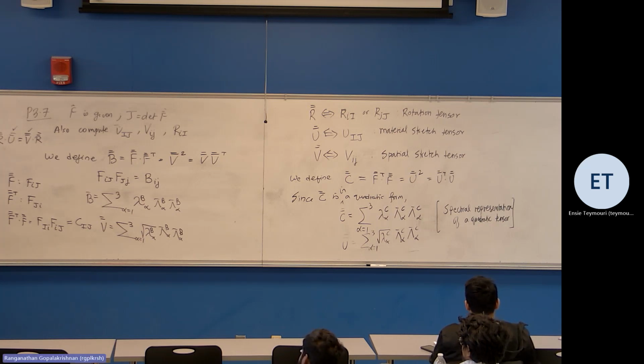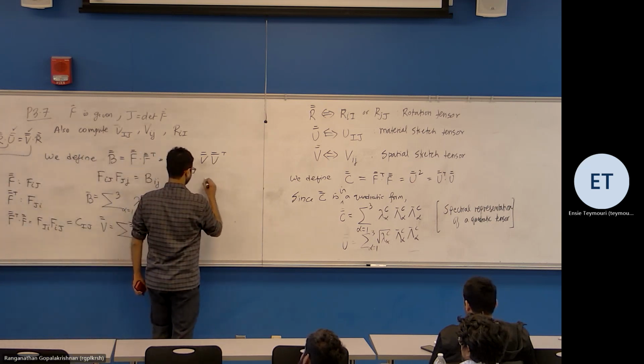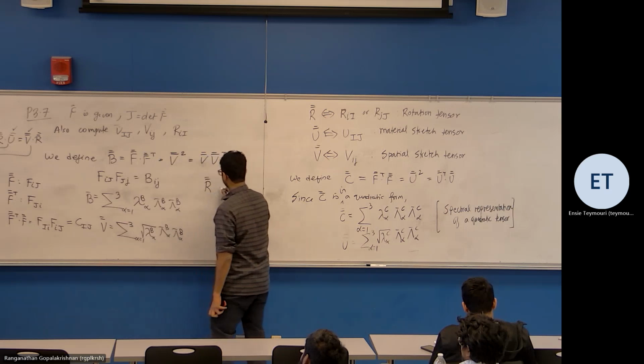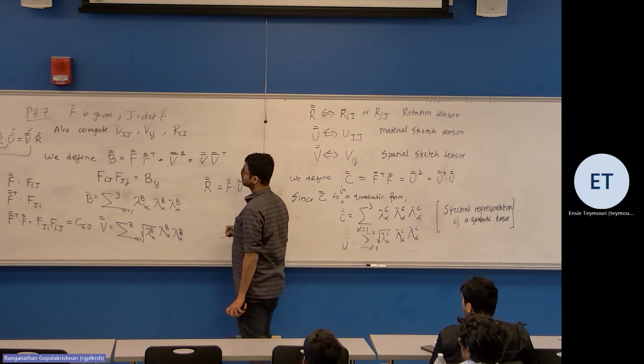So now all that remains for us to do is that we have at least two formulas for U and V. We know F, we have to get R, which you can do either using the first relation or the second relation. Right? So you can write R is equal to F times U inverse.